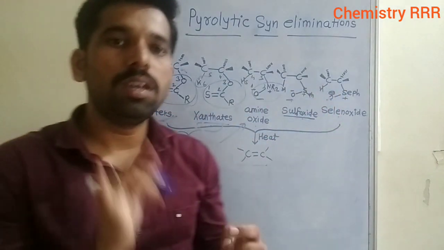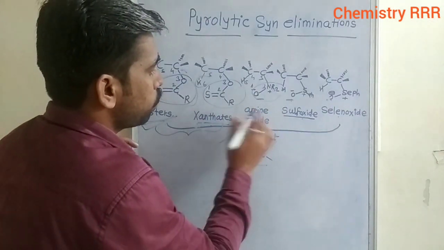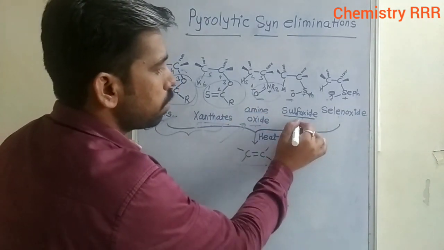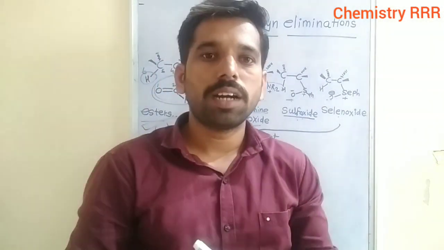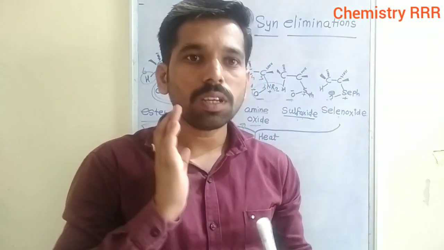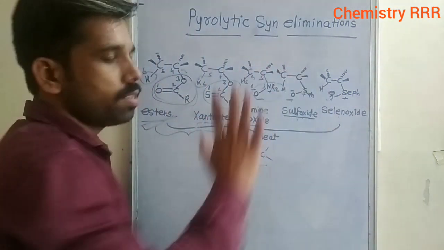There is the involvement of the 5-member transition state for the elimination pyrolysis of the amine oxide, then sulfoxide and selenoxide. Now let's start, one by one, syn pyrolytic elimination from ester to selenoxide.